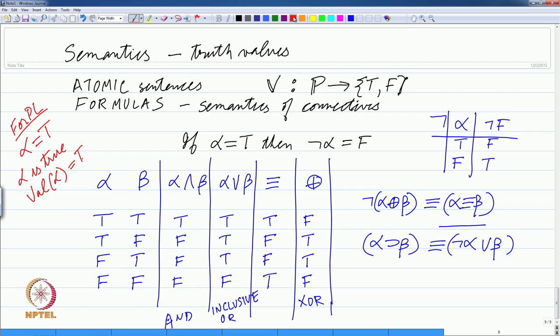So, the question that we can ask is how many binary connectives are there. Because you can fill in this column in 16 different ways, we can actually have 16 different binary connectives, and the next question is, do we need all of them essentially?